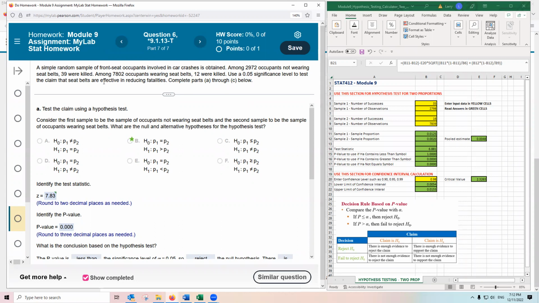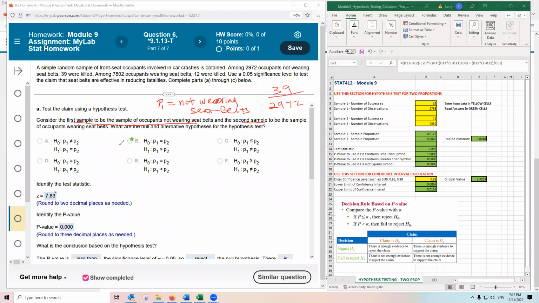All right, so I got to be a little careful here about reading what the setup is. So I'm going to use P1 to mean the proportion of, let's read here. It says, consider the first sample to be the sample of occupants not wearing seatbelts. So P1 is not wearing seatbelts, and according to the data they gave us, 2,972, 39 were killed.